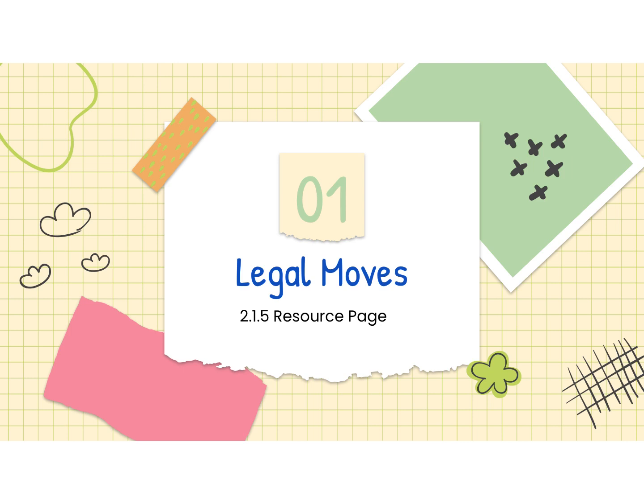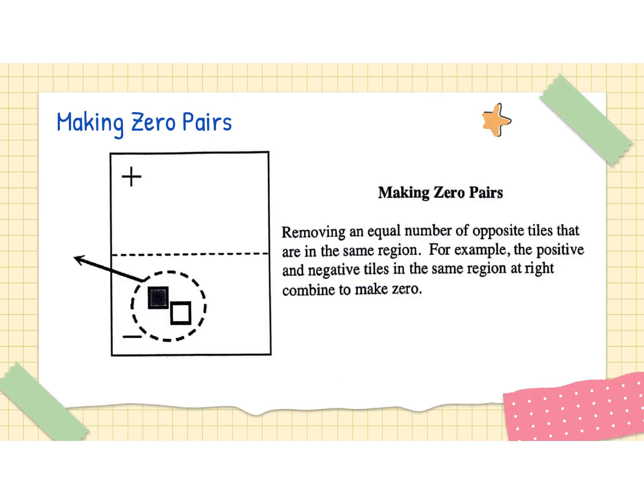We will start with the first of the 2 sheets I asked you to download, the resource page for legal moves. Last week, we talked about making 0 pairs. 0 pairs are when you have 2 tiles that have the opposite and exact value in the same region of your mat. You can see the information on the side clearly shows that there are 2 unit tiles.